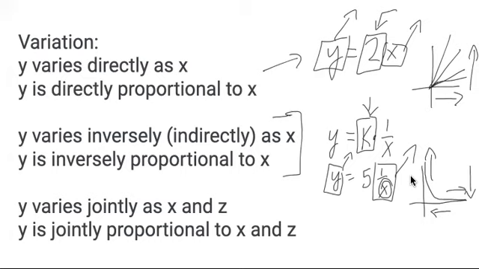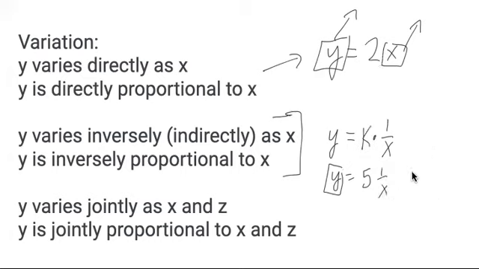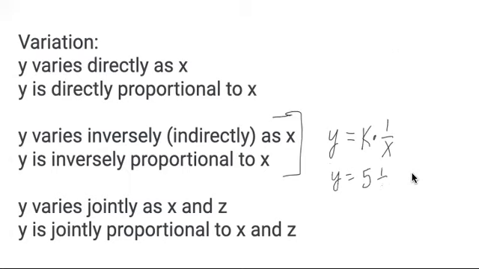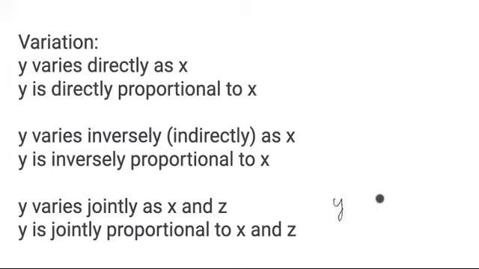Okay, let's take a look at the last one. Joint proportionality. Again, all of these actually relate right back to direct proportionality. We say y varies jointly as x and z, but what that really means is that y is directly proportional to the product x times z, meaning that y is equal to some constant multiplied by x times z.